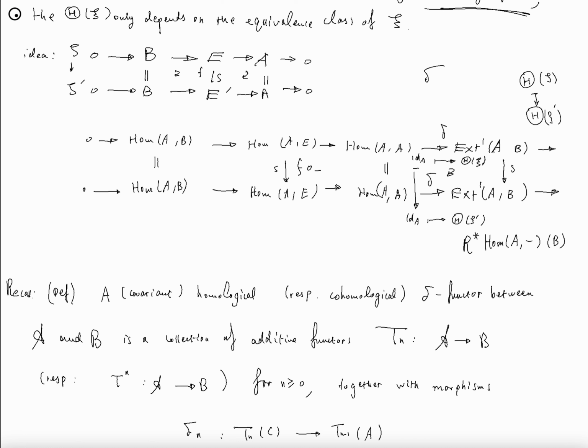Here this map is given by identity, right? So the resolution of B is mapped to the resolution of B, just the same resolution.